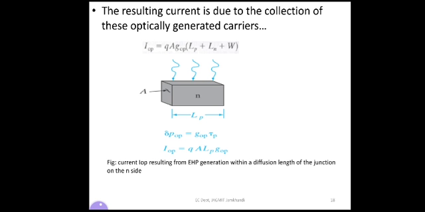The resulting current is due to the collection of the optically generated carriers. That is given by IOP equal to Q into A into GOP into (Lp plus Ln plus W). This figure shows the current IOP resulting from electron hole pair generation within a diffusion length of the junction on the N side.